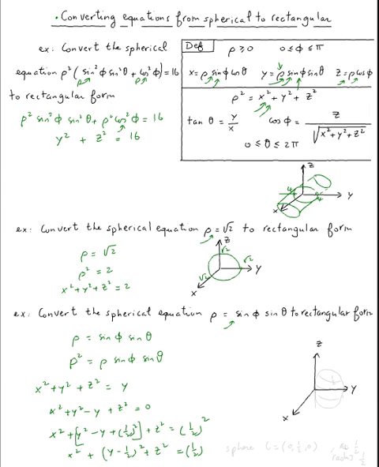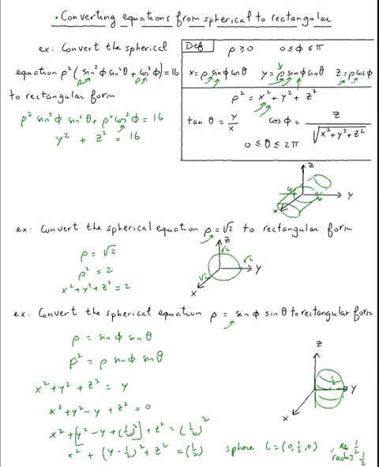So that will be a sphere, with center 0, 1/2, 0 and radius 1/2. So we need to go to 1/2 here, and this is 1. Right, and that gives the sphere. And that's it for this example.